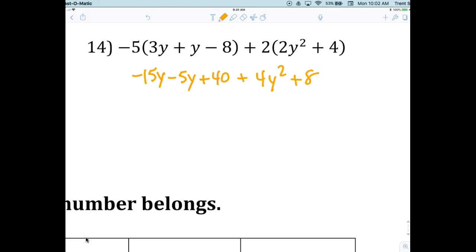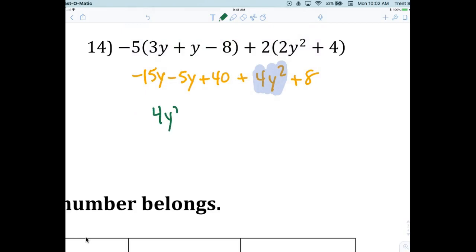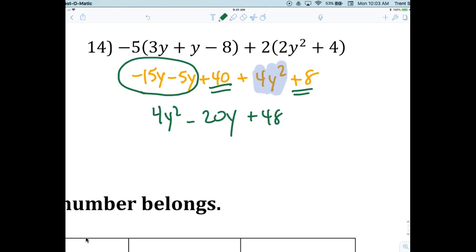Is everybody seeing that? Now we combine terms. Well, there's nothing really to combine with 4y squared, so I'm going to write 4y squared. Then I'm going to combine these two, which is -20y, and then I'm going to combine a positive 40 and a positive 8. That's what you should have written.